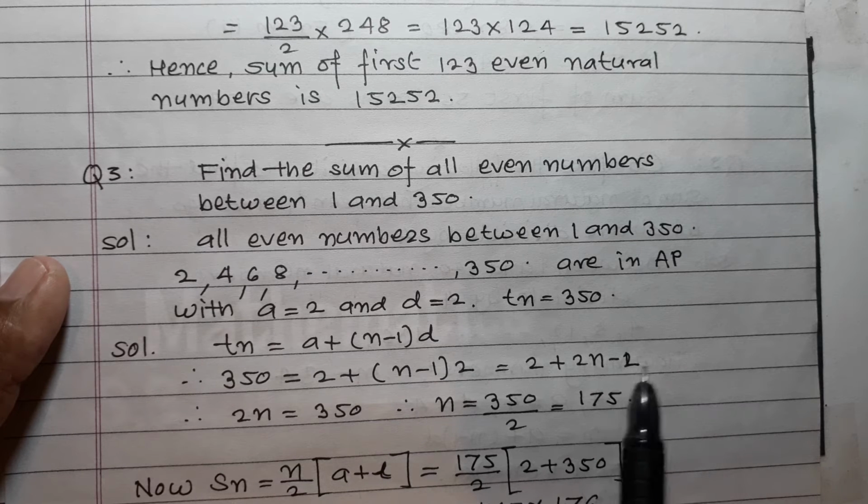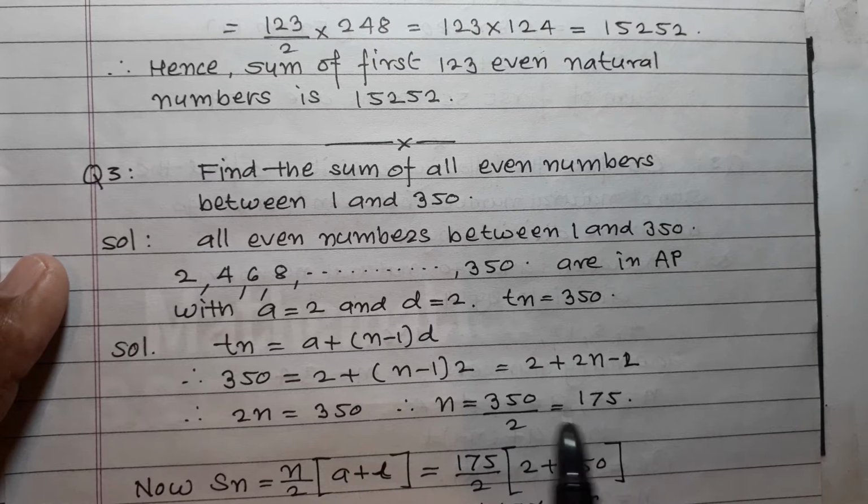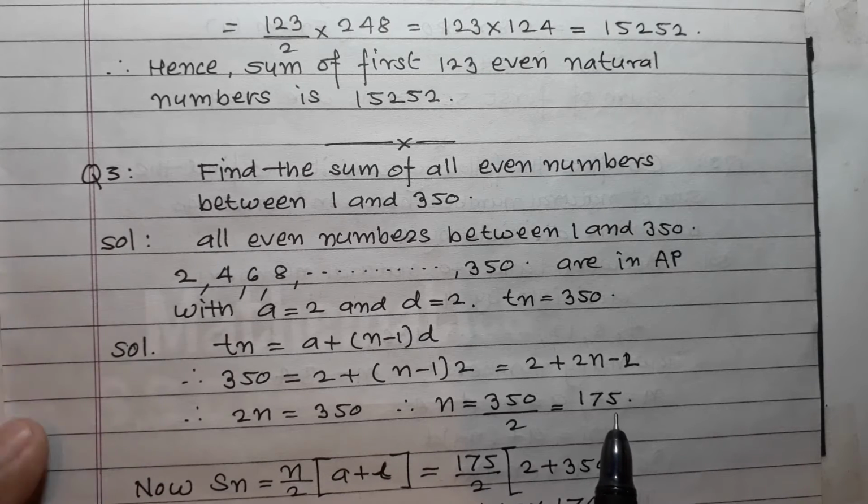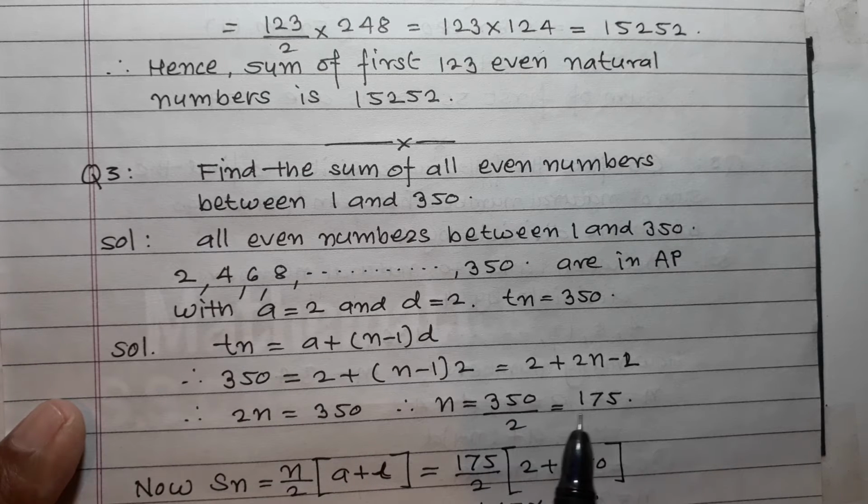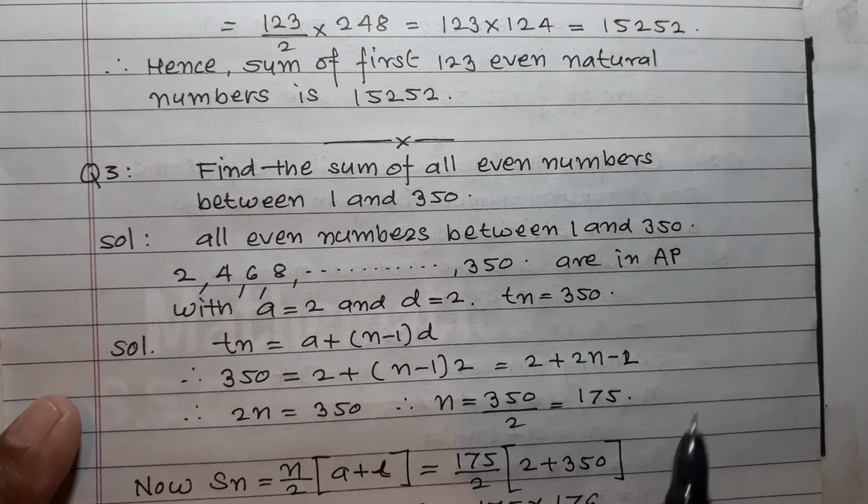The 2 gets cancelled and 2n is equal to 350, and therefore n is equal to 350 upon 2 is equal to 175. So here there are 175 terms, and then you add all of these.